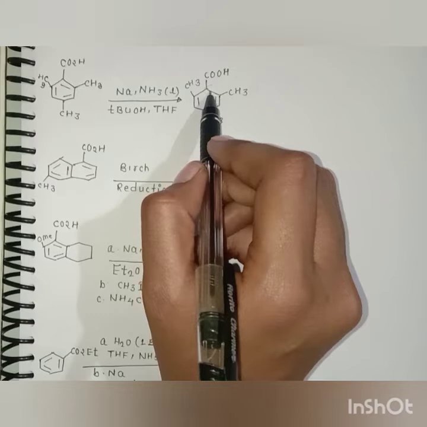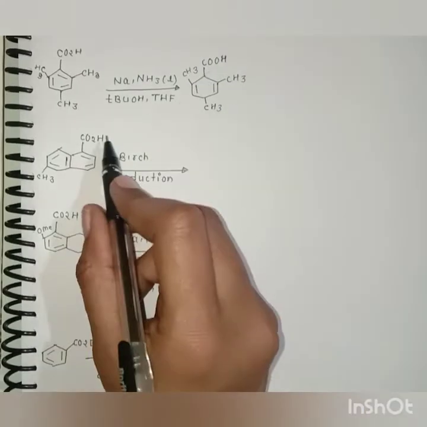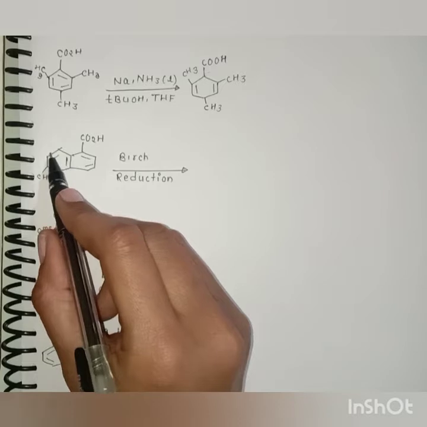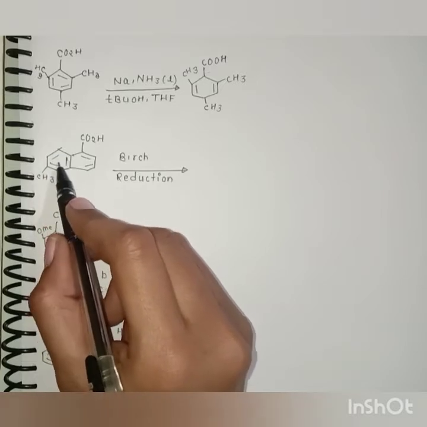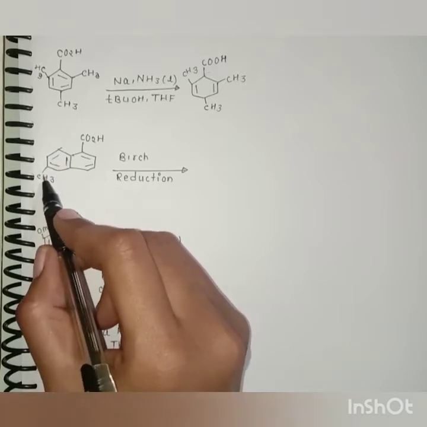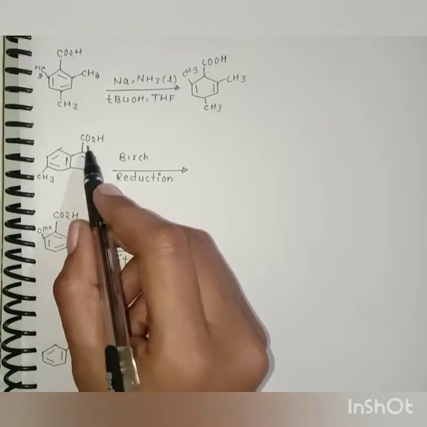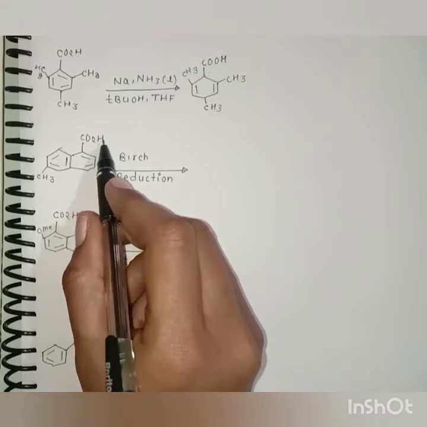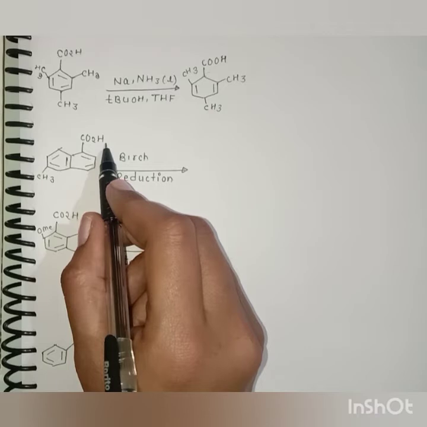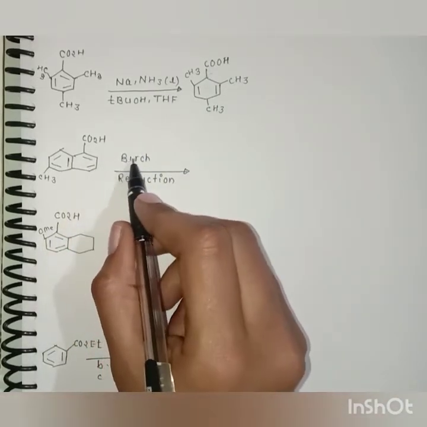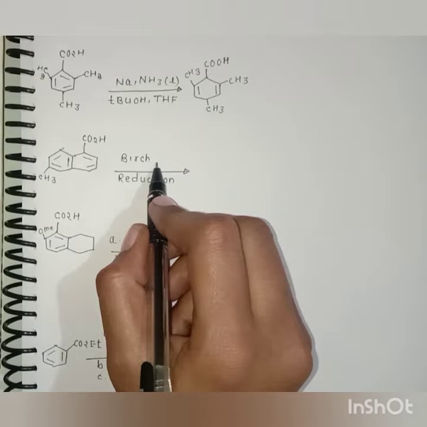after the Birch reduction. Now in this example also, here this ring is electron rich due to this methyl group, and this is electron deficient due to this electron withdrawing COOH group. So the Birch reduction is an electron rich system.